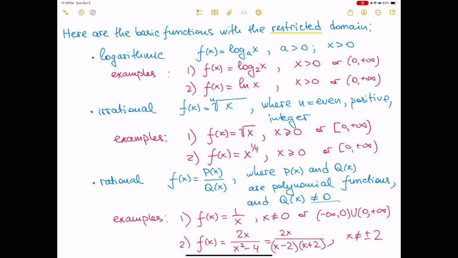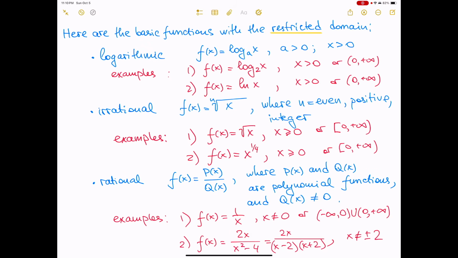Important examples are rational functions, which are a polynomial divided by a polynomial. As long as the denominator is not equal to 0, the rational function is defined at the value of x. However, the restrictions come from the values of x that make the denominator q of x equal to 0. Those values of x are not allowed in the domain of the function. For example, 1 over x. It's a rational function.